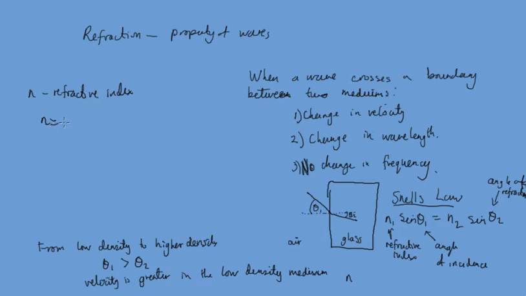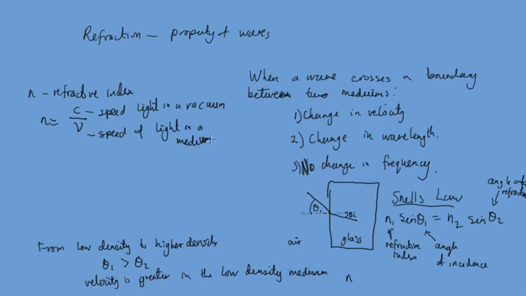So N is going to be the speed of light, if we're thinking about light waves, the speed of light in a vacuum divided by the speed of light in that medium. So this is the speed of light in a vacuum, and this is the speed of light in a medium.